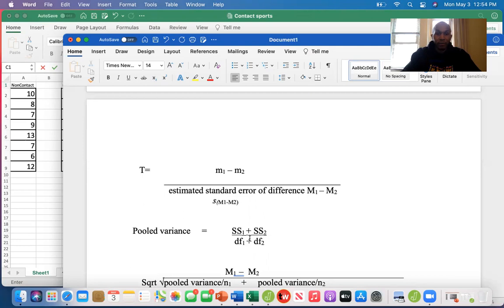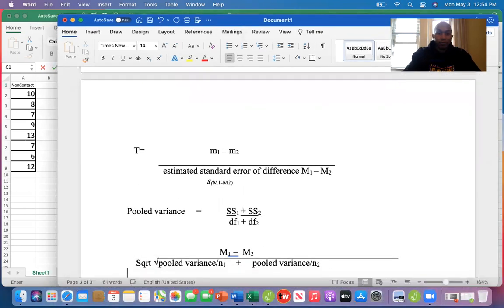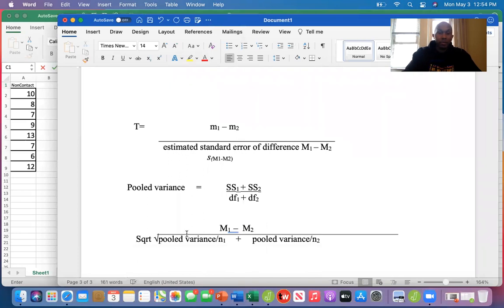Once we have that pooled variance, we will then take the square root of the pooled variance over n plus the pooled variance over n. So just imagine you're taking the square root of variance over n, but you're doing it twice, once for each sample.